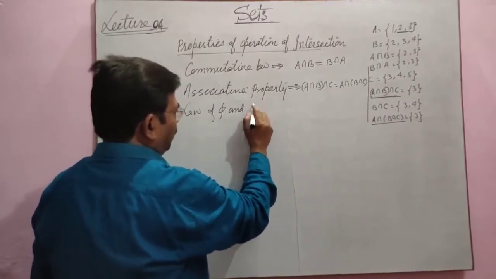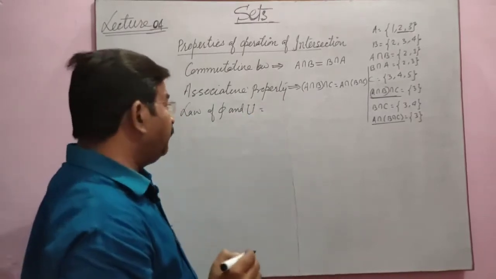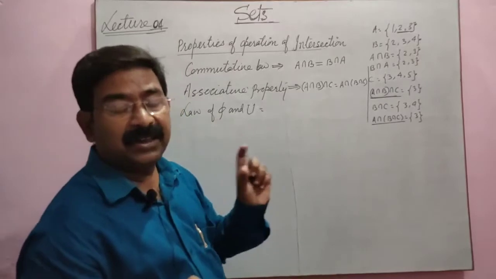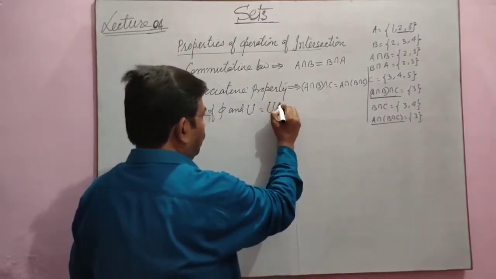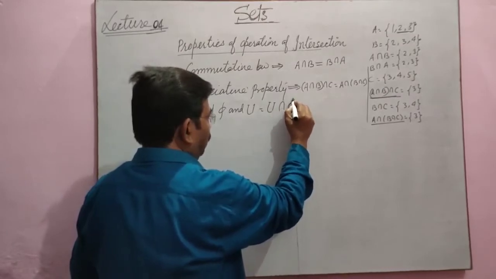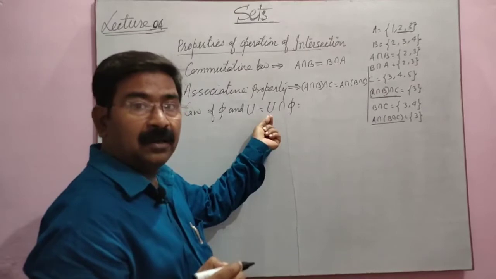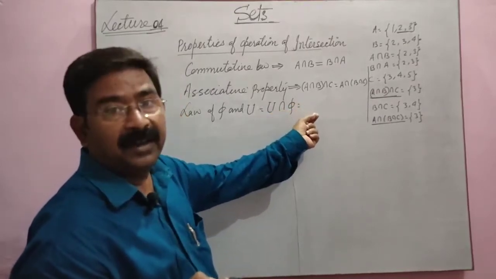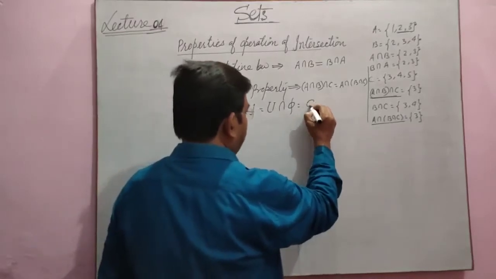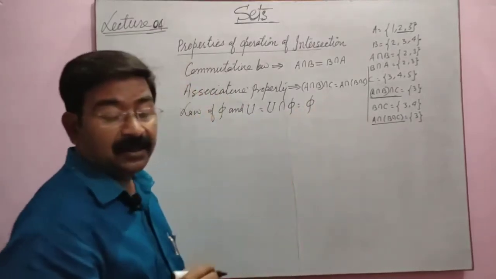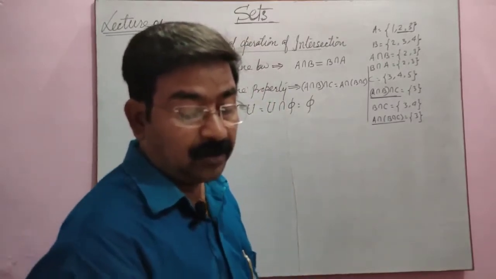You can write capital U. If we find the intersection of the universal set and a null set, what is common between them? Nothing. That is phi.